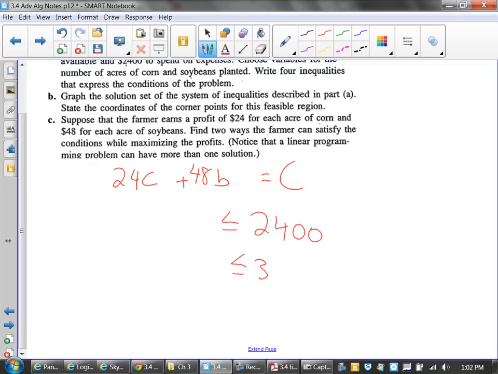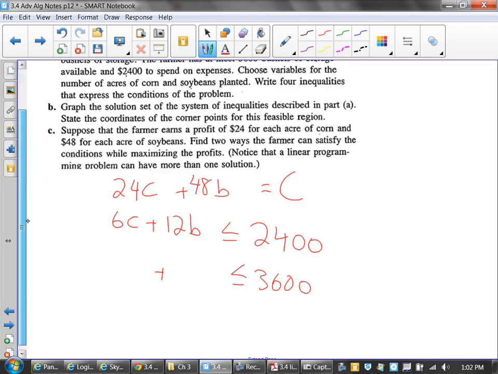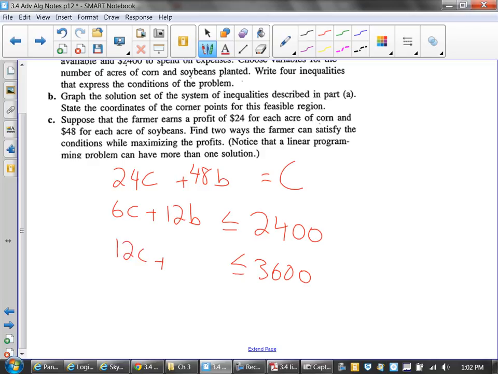Now, corn costs $6, beans were 12 bucks, and storage-wise it was 12 and 16 respectively. Just pulling that information straight out of there. And you can't have a negative amount of corn and beans, so it's your first quadrant again.